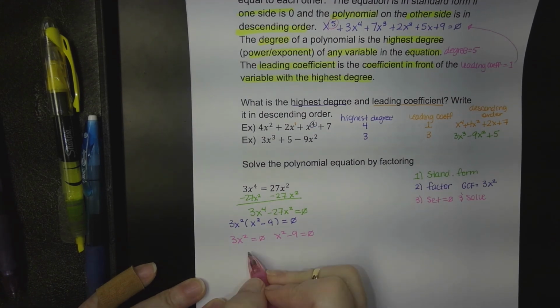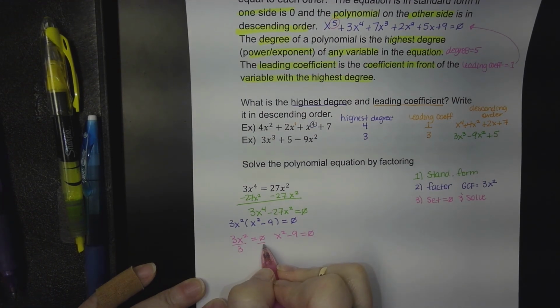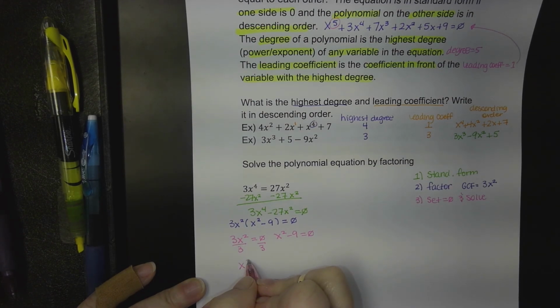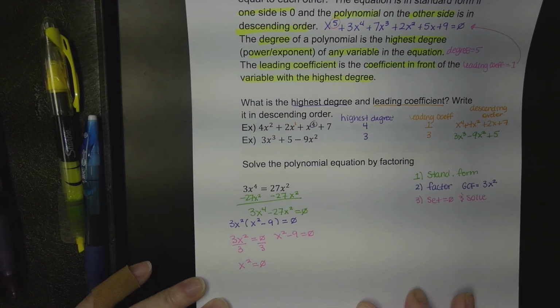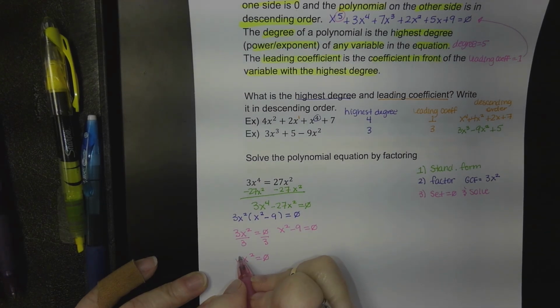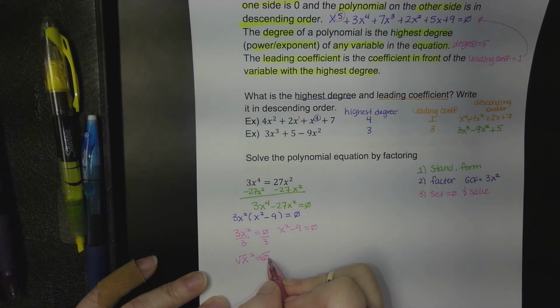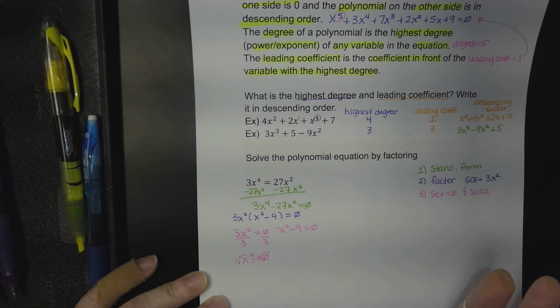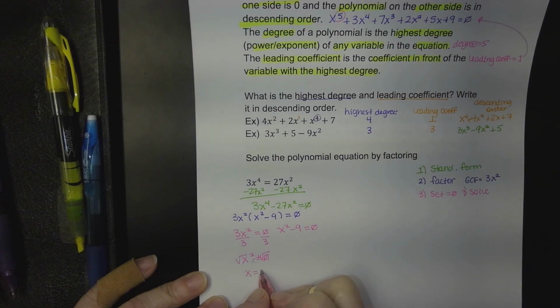So to solve this one, we're going to divide by 3. If you remember, 0 divided by anything is always 0. How do we get rid of a square? That's right, we square root it. Square root of 0 is always 0. We do the plus minus, but there's really not a plus minus of 0, so x equals 0.